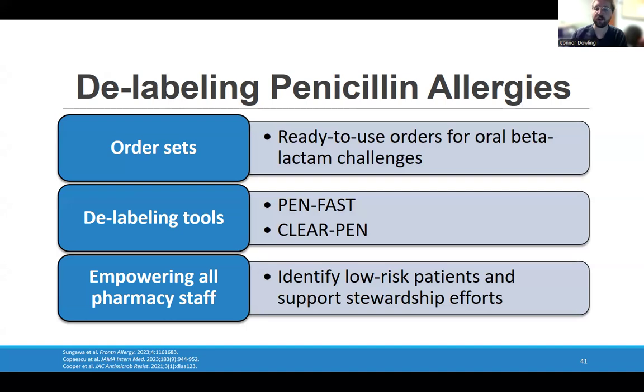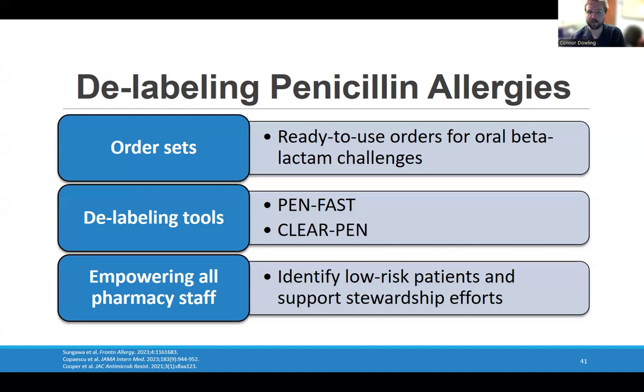This really can help us identify low-risk patients, support stewardship efforts, make recommendations on the front line when we get our orders in, and potentially provide providers with easy support and options for choosing the appropriate beta-lactam, depending on the allergy history.